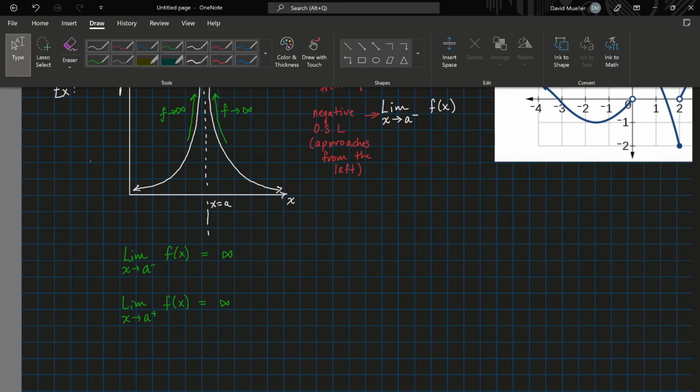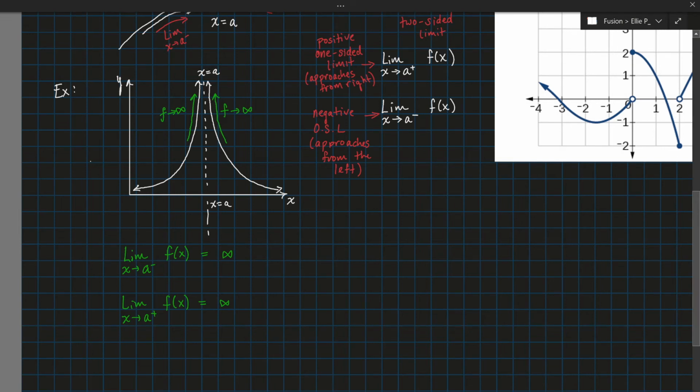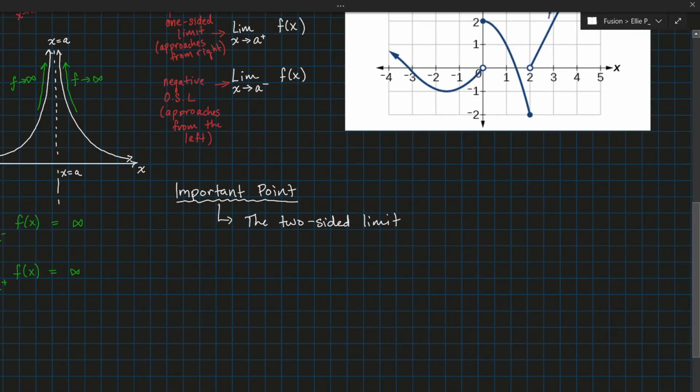So this brings us to an important point. The two-sided limit only exists if, well, I'll let you guess.